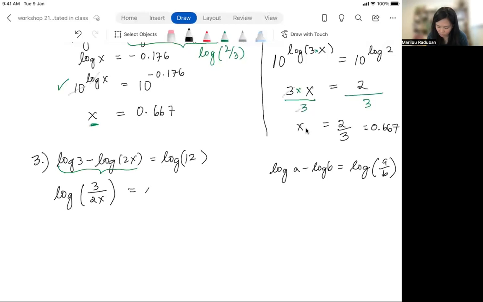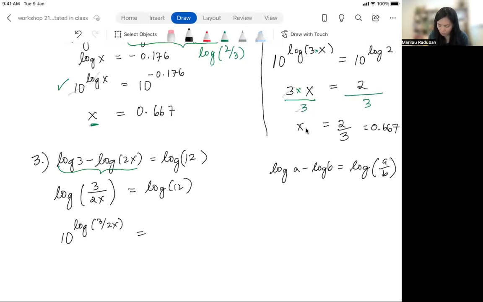Okay, and that's equal to log 12 on the right side. Now the log is by itself. When the log is by itself, you can now do the base 10, and then the exponent is the log of 3 divided by 2x.